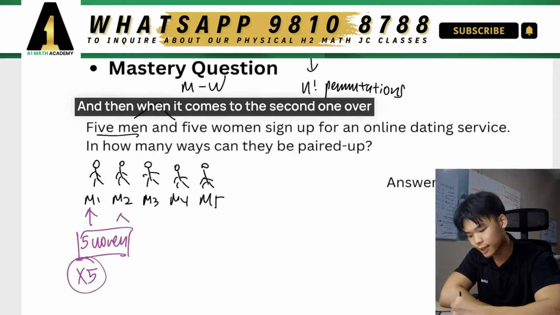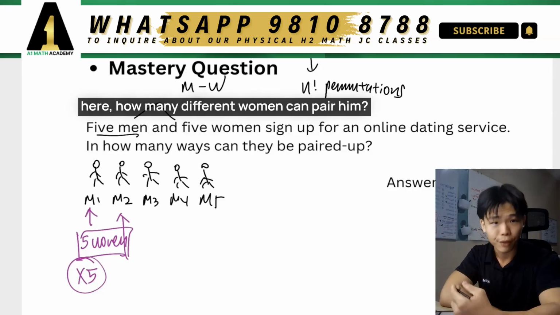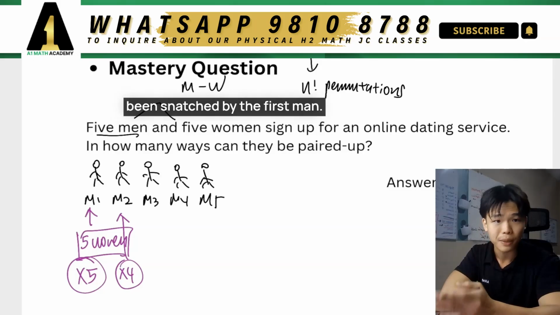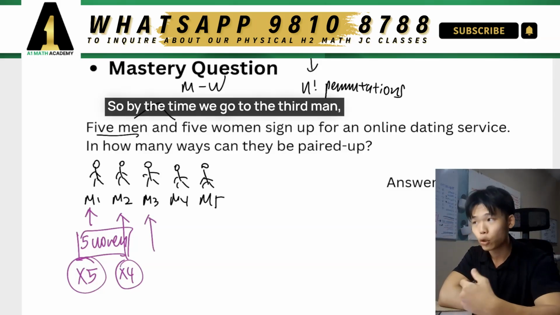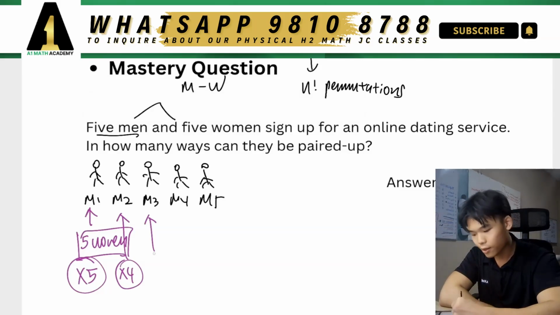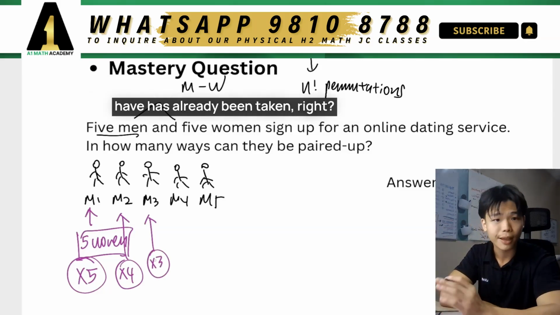Right? And then when it comes to the second one over here, how many different women can pair with him? 4, because the first one has already been snatched by the first man. So by the time we go to the third man, right, how many women can be paired with him? Only 3 more, right? Because the first 2 have already been taken, right?